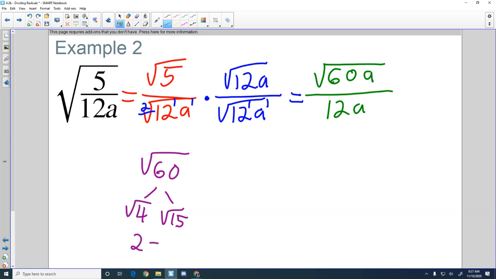So I could rewrite this as 2 root 15. So I can make this 2 square root of 15a over 12a.